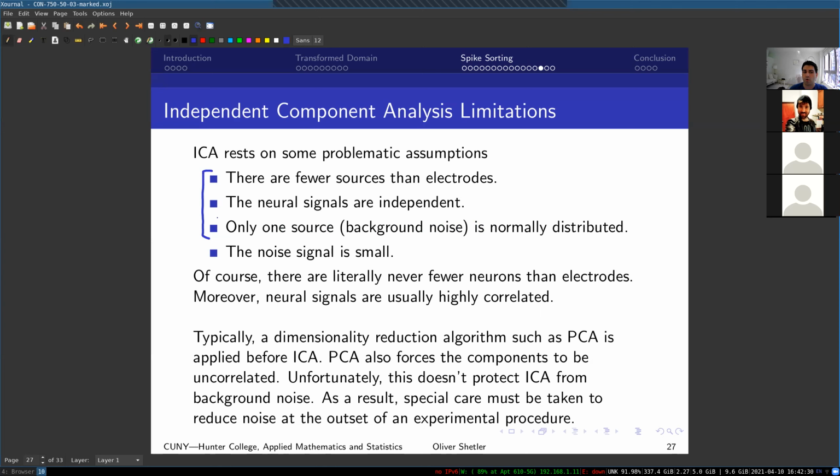Okay, now, if you're familiar with PCA, then you might have noticed that these first three assumptions can actually be resolved by imposing a PCA, principal component analysis, on this, right? If we rotate the basis and then impose dimensionality reduction by dropping some of the eigenvectors, we might be able to get it so that P is less than N, right? It may not be the case, but in a lot of cases, we could do this. We could deliberately drop at least enough data so that we get P less than N. And of course, it forces the components that result to be independent.